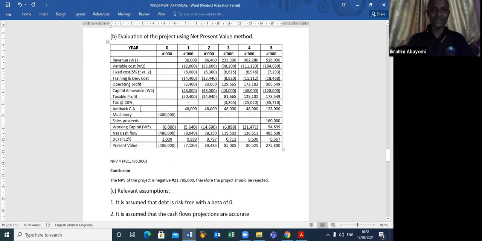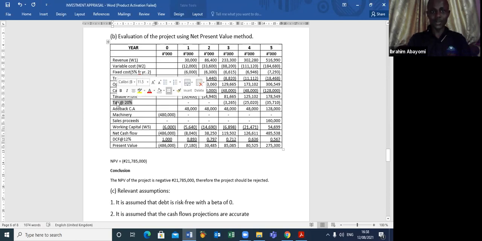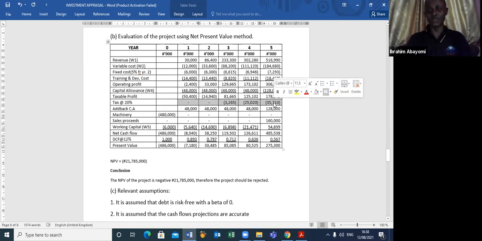Look at our tax rate. What is the tax rate? 20%, isn't it? We are assuming that this tax rate of 20%, we apply right from year 1 until year 5, the tax rate of 20% will not change. Okay? So that is the assumption. In actual sense, that might not be true, isn't it?